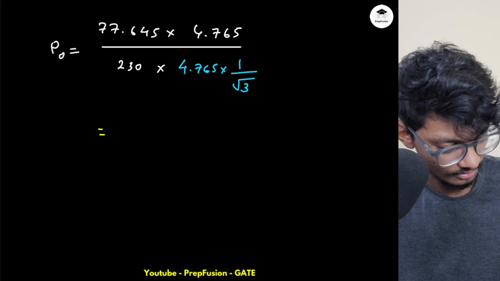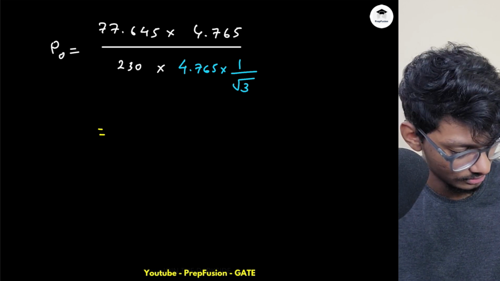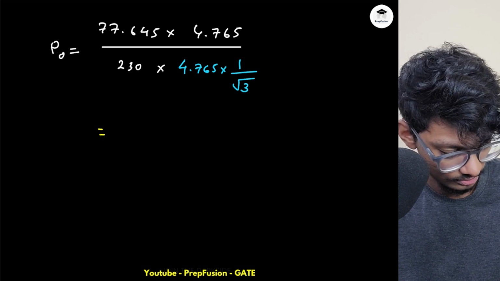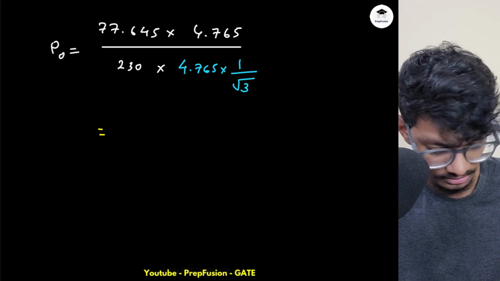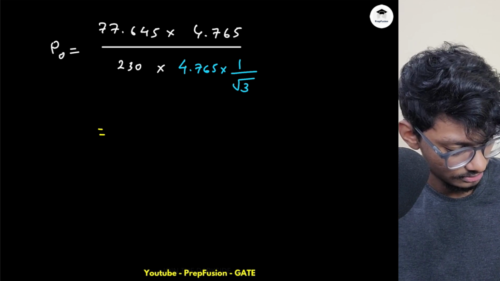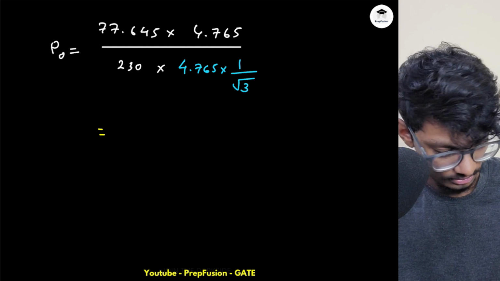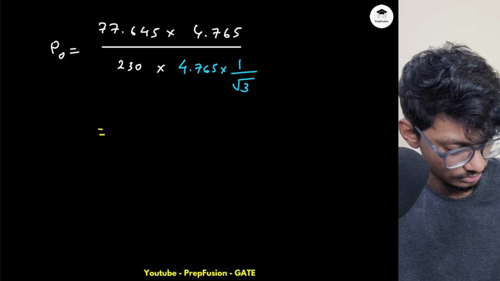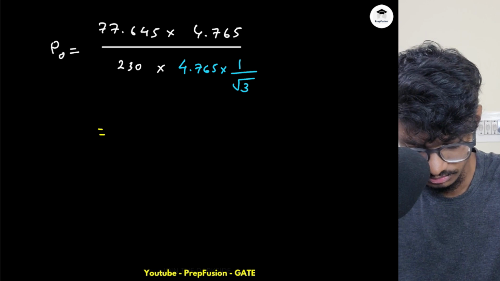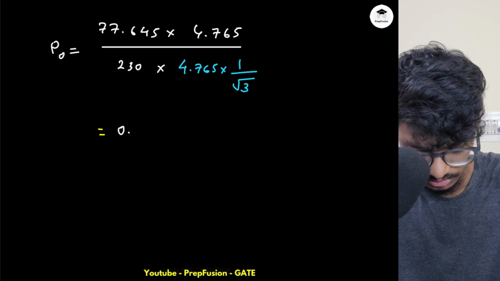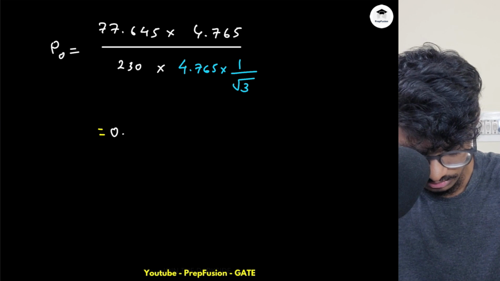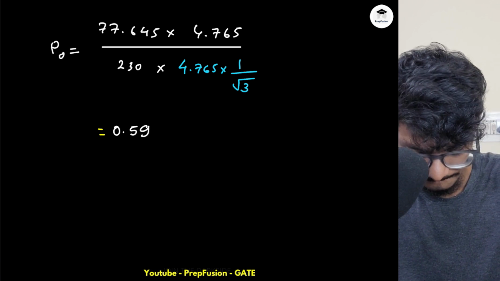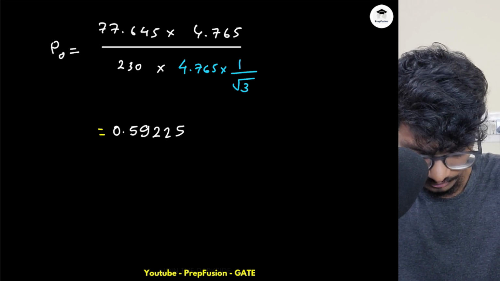So 77.645 into 4.765, the 4.765 gets cancelled, divided by 77.645 divided by 230 into 300, which gives 0.5922.